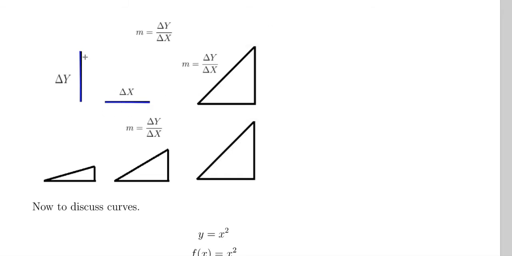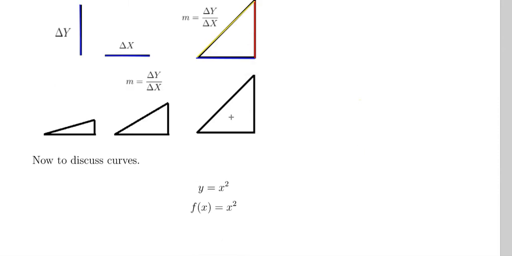If we were to connect these up as if they were vectors, I'm going to put my change in x up over here or underneath here, and my change in y something like that. And so what we can see is that you can then connect these up with what is often called the tangent, like so, and you have a right angle triangle. This triangle is a way of being able to visualize the gradient. It's a mechanism to do that for ourselves.